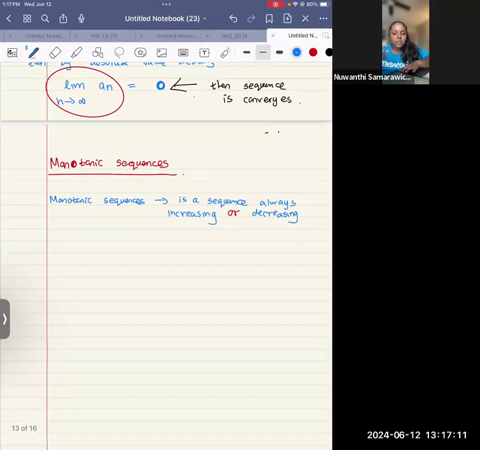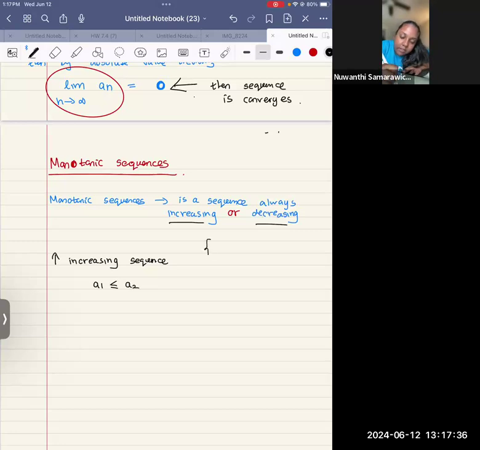So let's first see what an increasing sequence is, because we have increasing and decreasing. An increasing sequence is when the first term is less than or equal to the second term. I will write the sequence again: A1, A2.